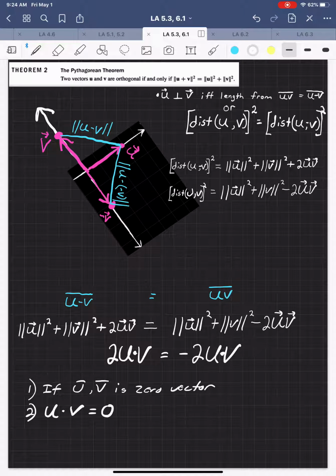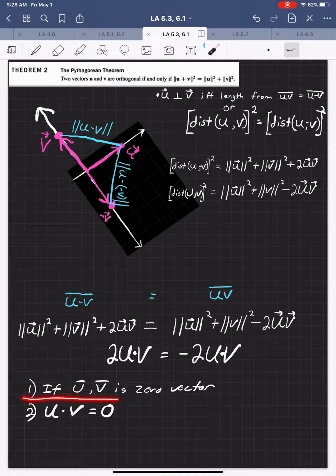And now tell me, do you recall when the dot product of two vectors is 0, what does that actually mean? Well, that would mean that they are perpendicular, right? And that's exactly what we're saying here.